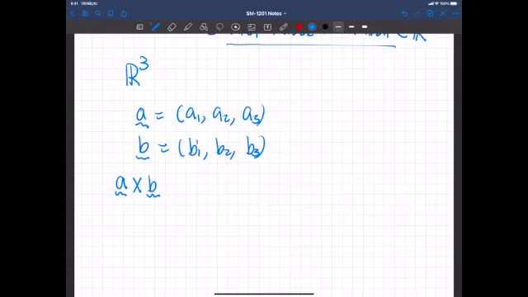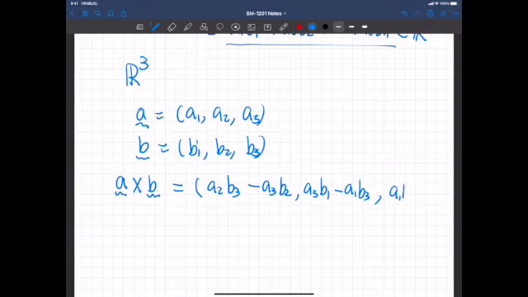This is defined as A2 B3 minus A3 B2, and A3 B1 minus A1 B3, and A1 B2 minus A2 B1. So this is the definition.